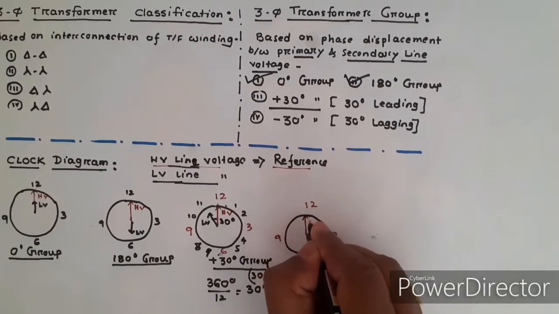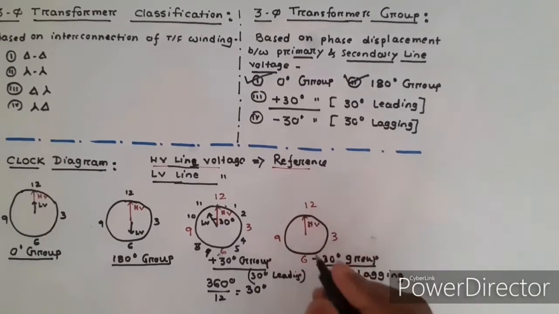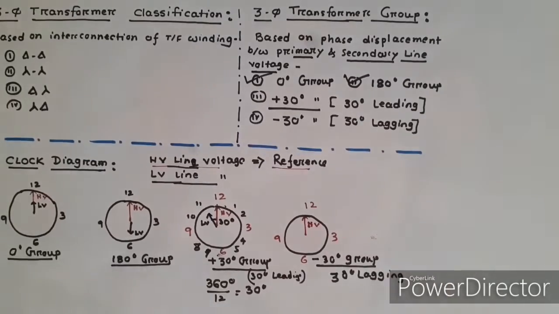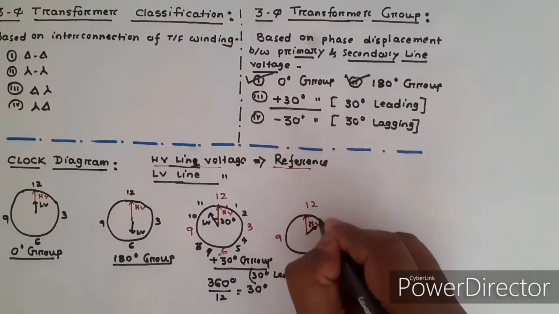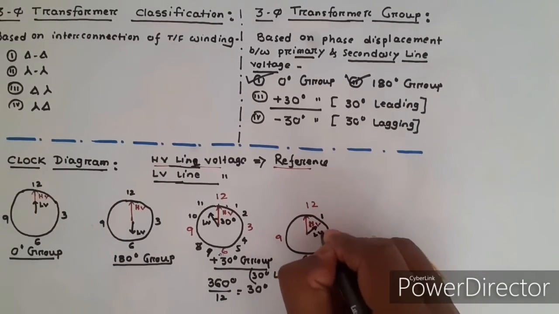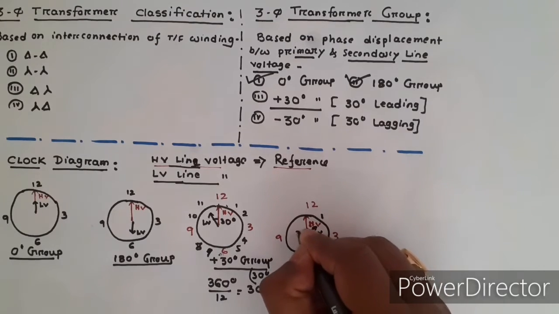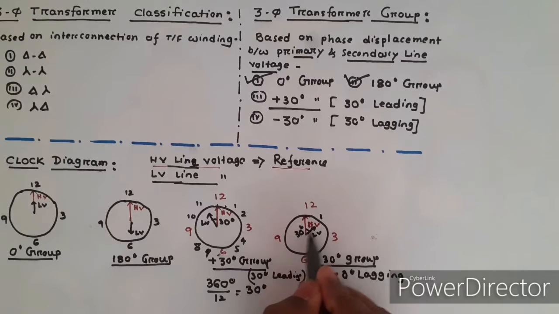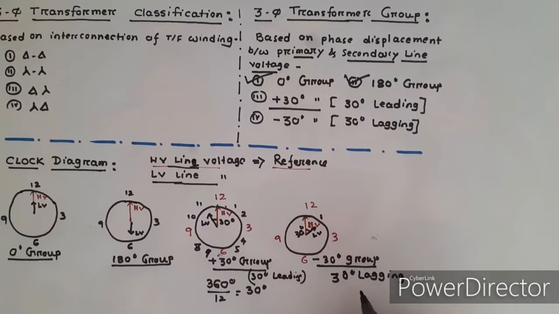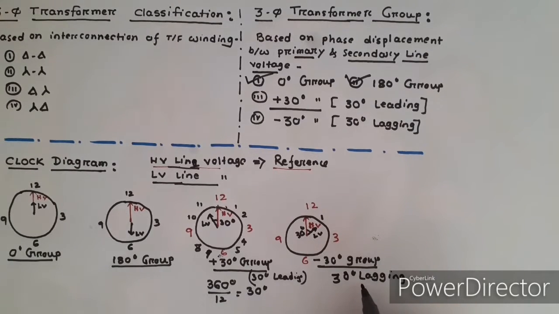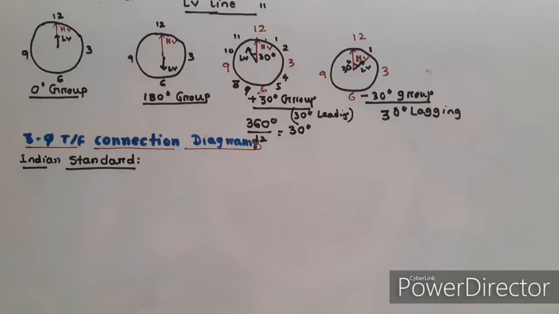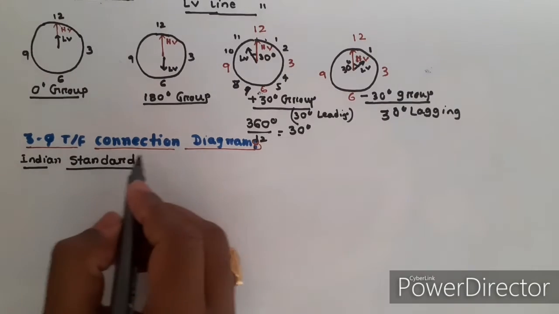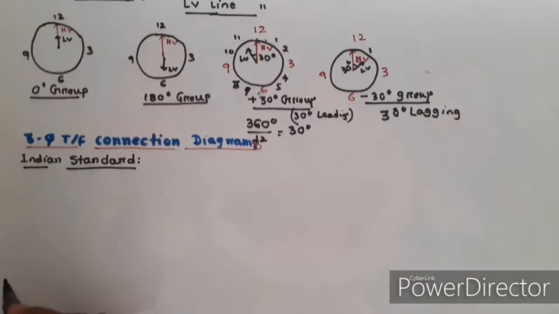HV line voltage is in the direction of 12 o'clock, and the LV line voltage is at 1 o'clock, and this angle will be 30 degree. Here LV line voltage lags HV line voltage by 30 degree, then it is called minus 30 degree group or 30 degree lagging. Now I will explain three-phase transformer connection and phasor diagram.